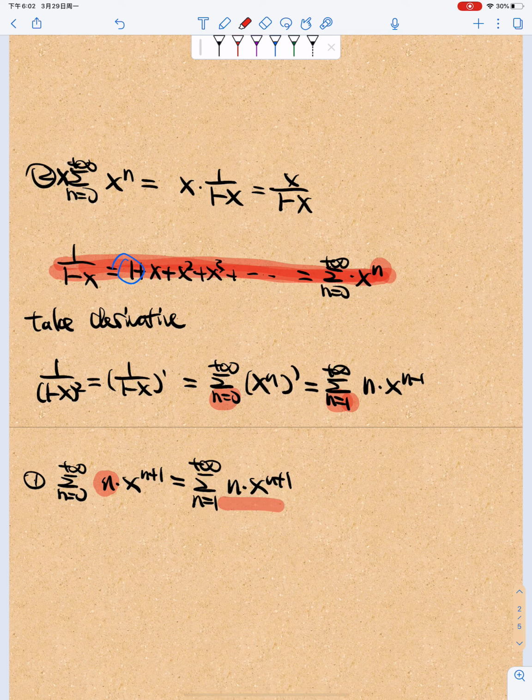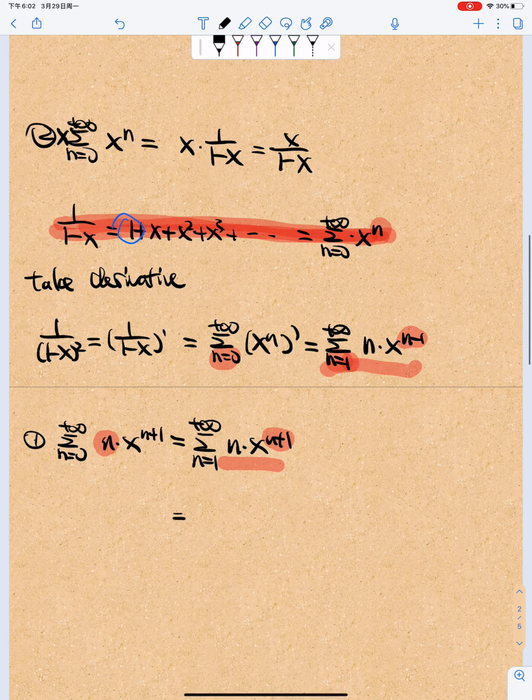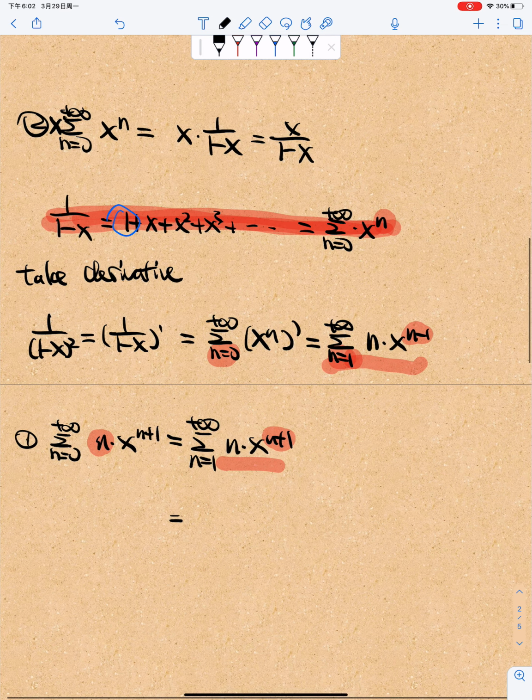If we compare this with the new power series that we have obtained, the only difference is the power here. If we factor out x squared, we have x squared sigma n from 1 to positive infinity n times x to the n minus 1.